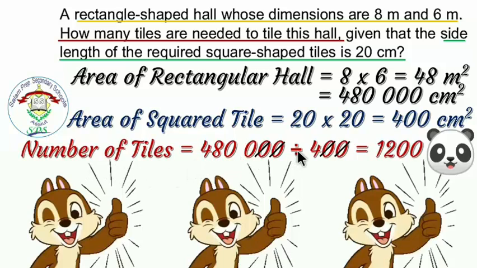480,000 divided by 400 equals. When we divide, cancel 2 zeros from the first number and also cancel 2 zeros from the second number. So the equation is 4,800 divided by 4.